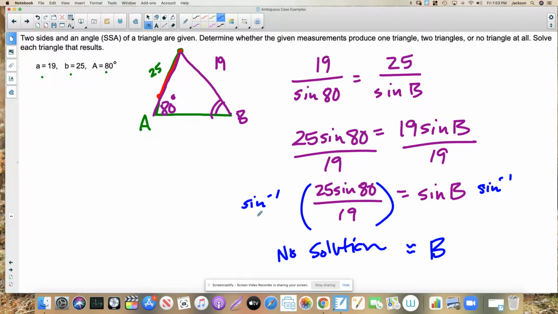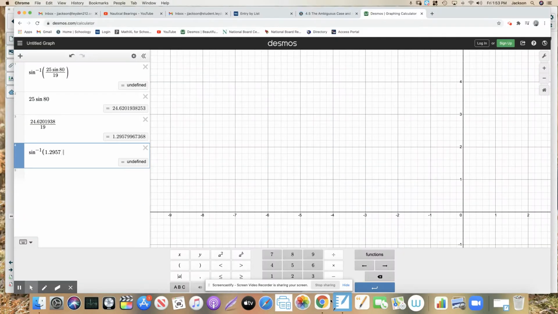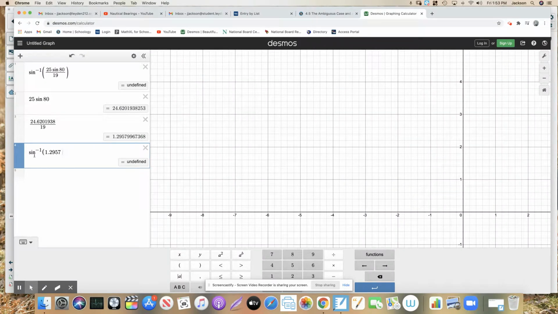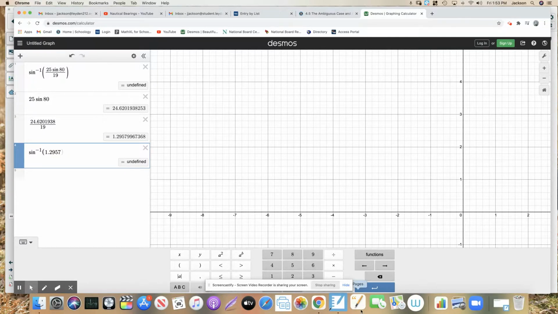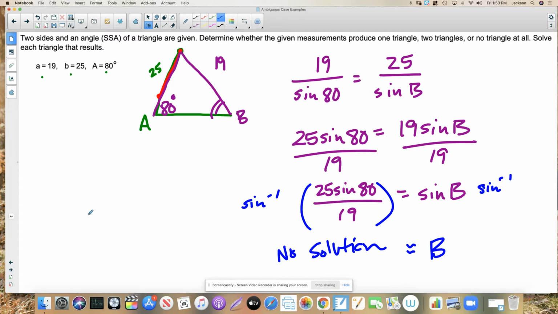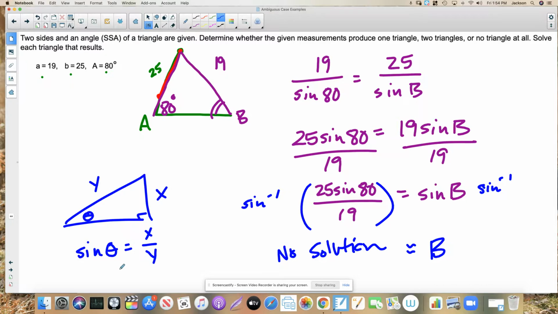So think about this for a second. When I do inverse sine of this, I'm saying this is the angle that has this value as its sine, okay? And when you think about a right triangle and a sine ratio, take this angle, for example, the sine is this number, let's call it x over this number. So the sine of theta would equal, in this arbitrary case, x over y.